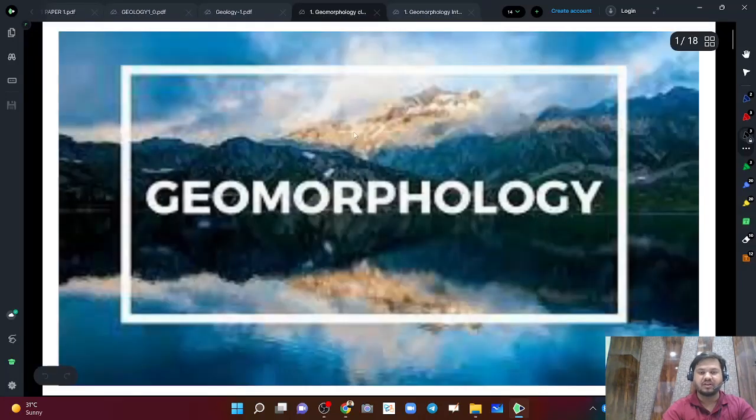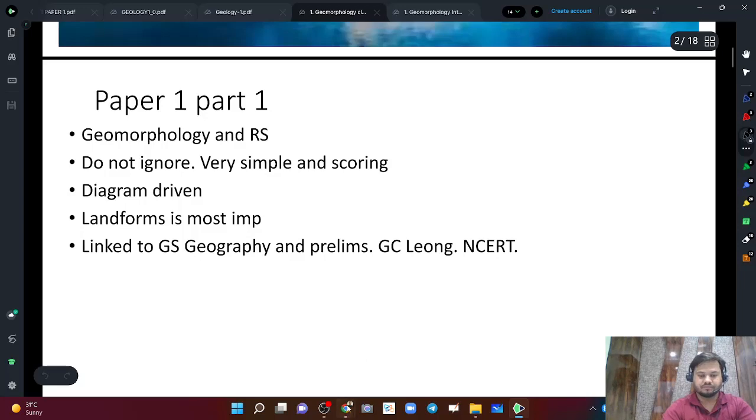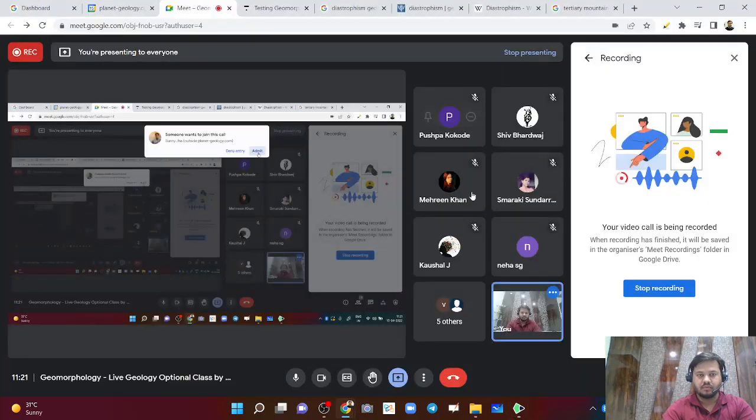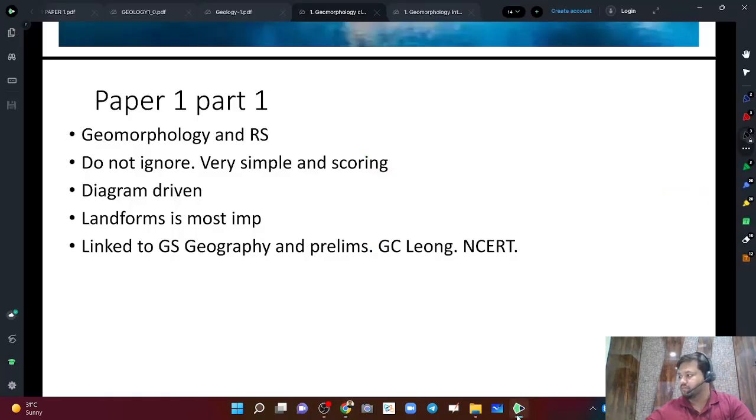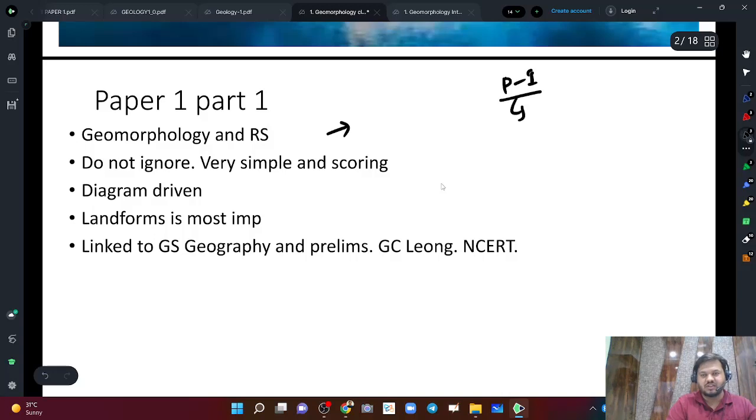It has gained more importance in recent times because if you see the marks of candidates, especially good candidates, in the last 2 3 years, in paper 1 geology in civil services, people are scoring up to 170, or some people have even scored up to 185 marks.